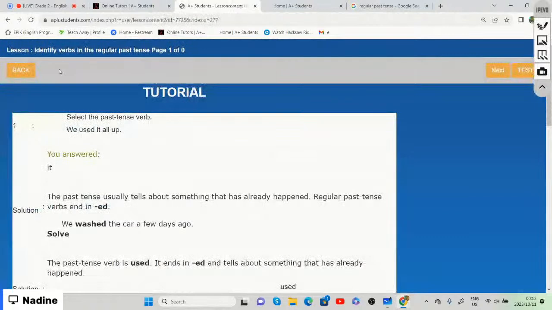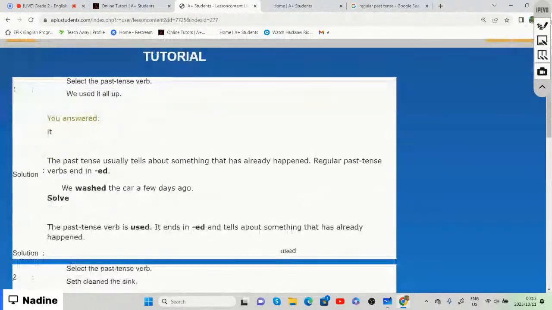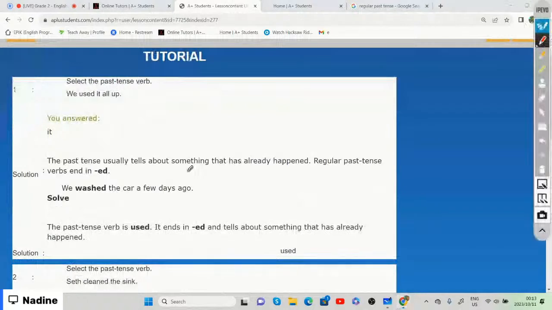And we said the past tense usually tells us about something that has happened already. So something that has already happened, right? It happened already. And we said our regular past tense verb, it ends in ed.